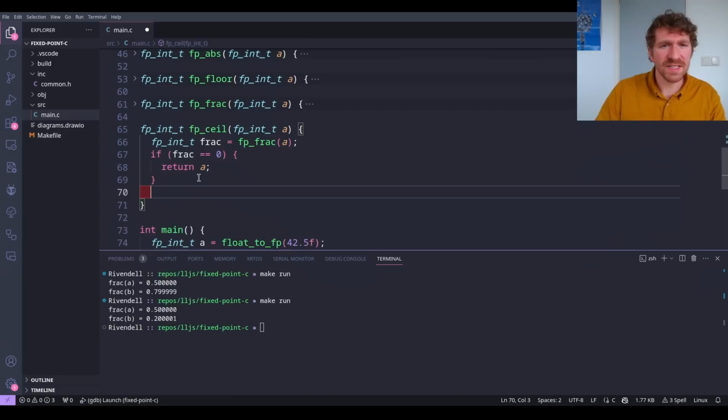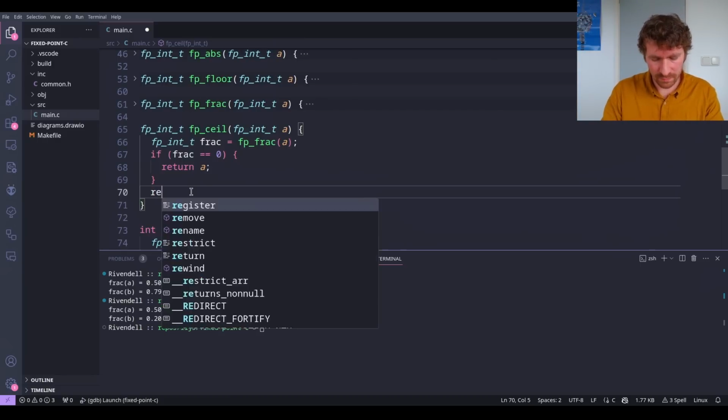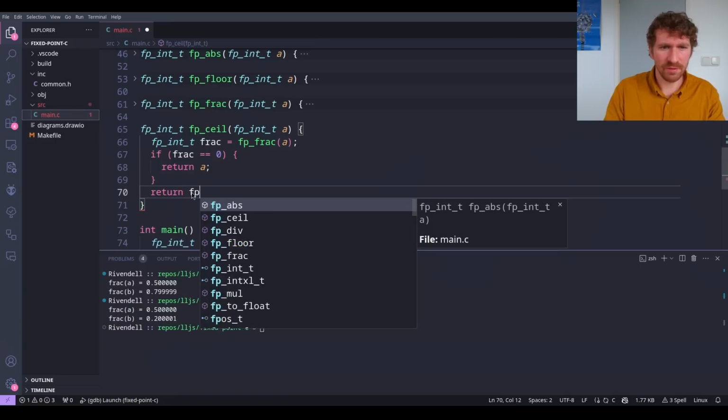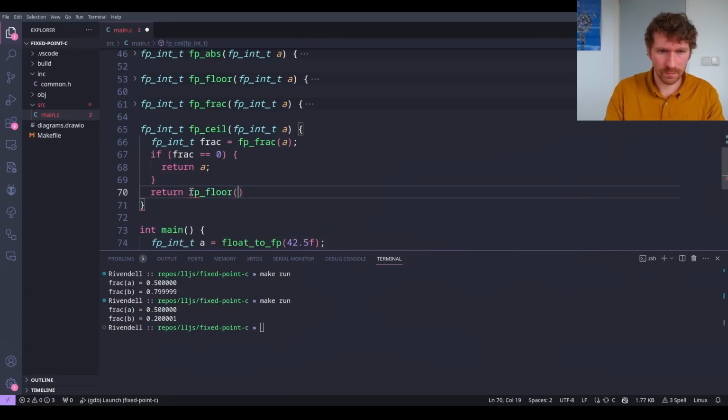So what we can do in this case is we can simply do the floor operation. So we can return fp floor on A, and then we need to just add 1 to it. But we need to add 1 in the direction of the sign, right? We need to add 1 if it's positive, we need to add negative 1 if it's negative. So how can we do that?